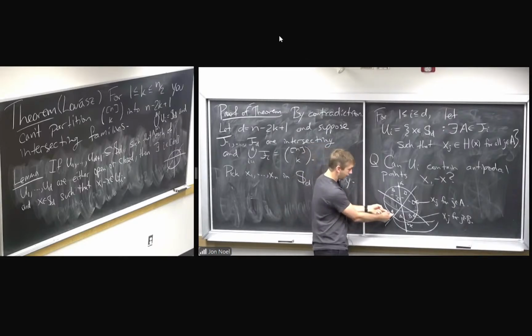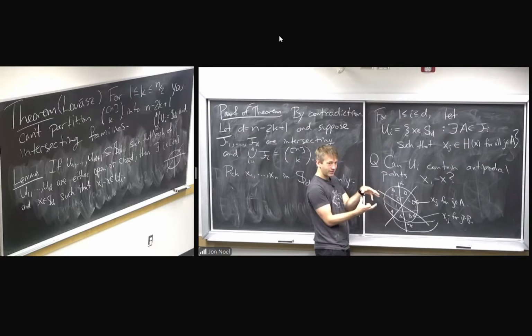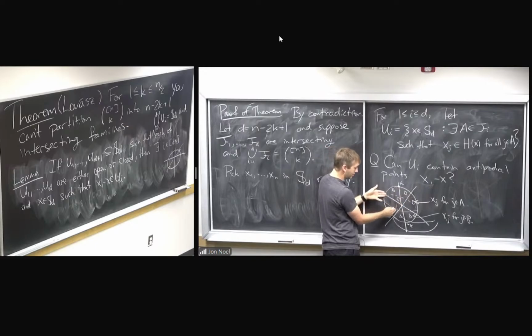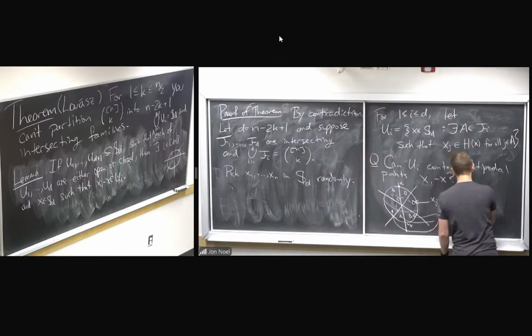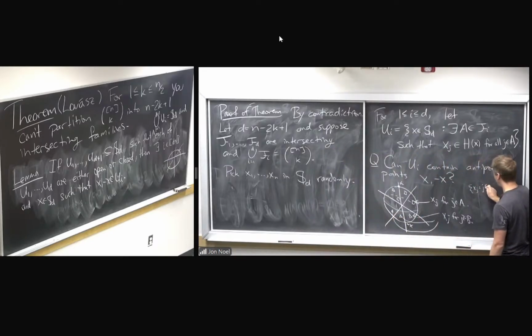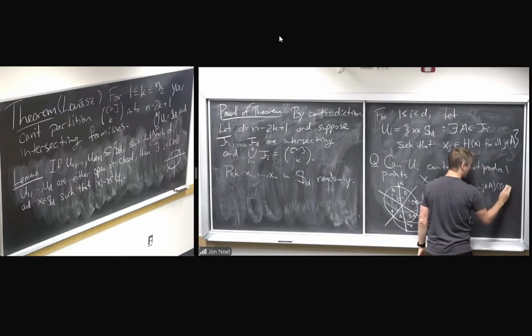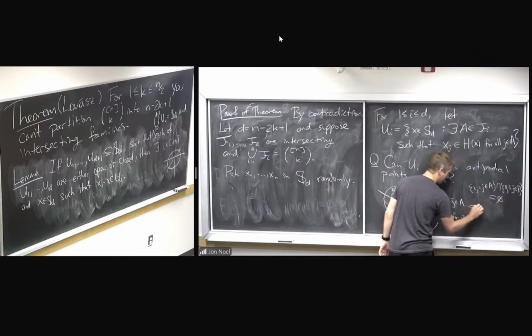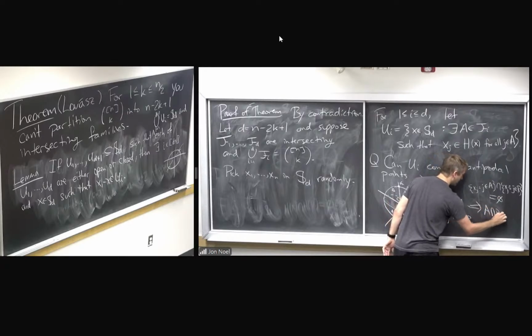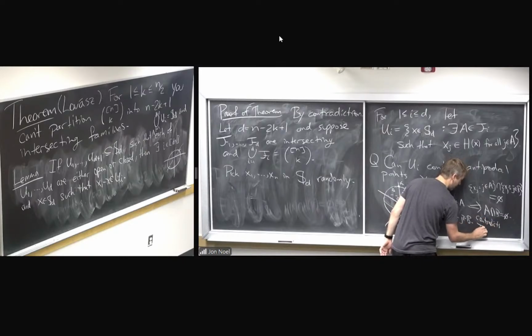But these hemispheres are disjoint, so none of the squares up here is the same point as any of these triangles. So xj with j in A is disjoint from xj with j in B. That implies A and B are disjoint, but that contradicts the fact that Fi is intersecting.